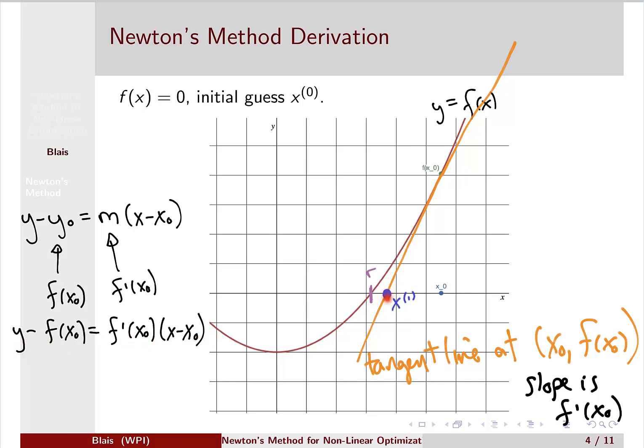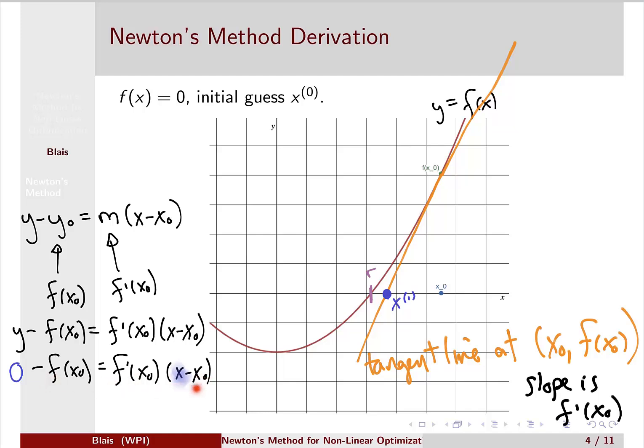Well, we note that at that root, the y value for that tangent line is 0. So we plug in 0, and we seek the x-coordinate associated with this y equals 0 value.